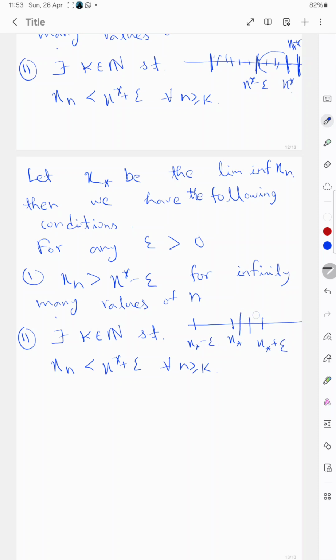So your xn will be in this way. xn will be greater than x star minus epsilon for all n greater equal to some k, and xn will be less than x star plus epsilon for infinitely many n. Okay, so in this way you have these two things.